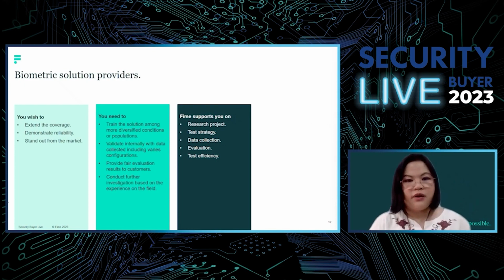And in all these scenarios, FIME's support can help; we can help you in several areas. Firstly, we have a research team. We do research projects on some advanced topics.